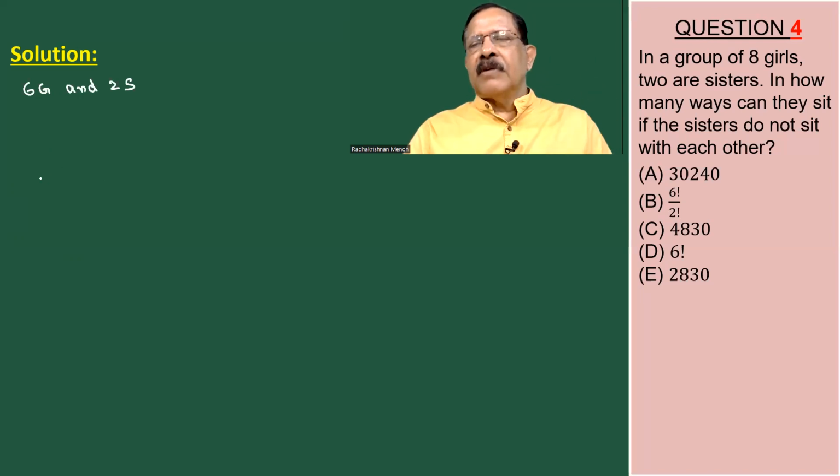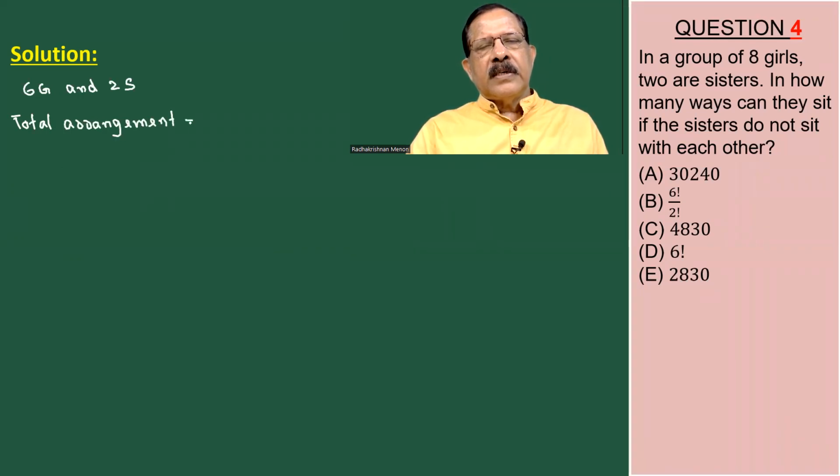We take the total number of arrangements, which is equal to 6 plus 2, 8 factorial. When you simplify 8 factorial, you get 40320.